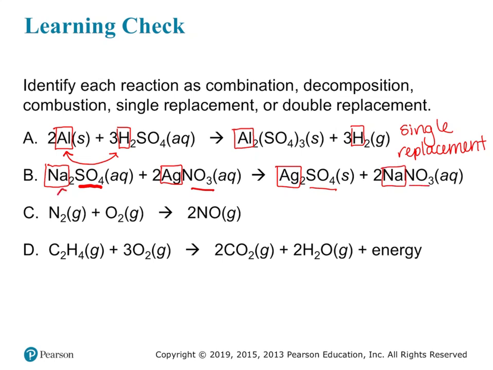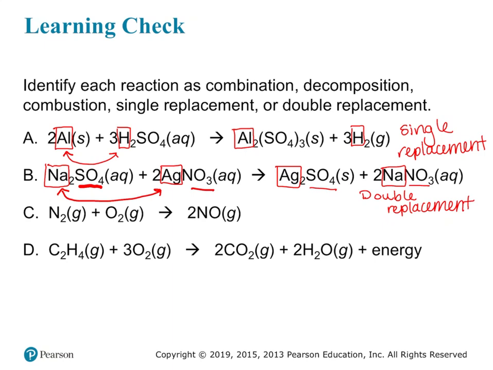So it looks like sodium and silver switched places. So what would this be? Double replacement. So we had two compounds to start, and we ended up with two different compounds in the products. So that's double replacement.